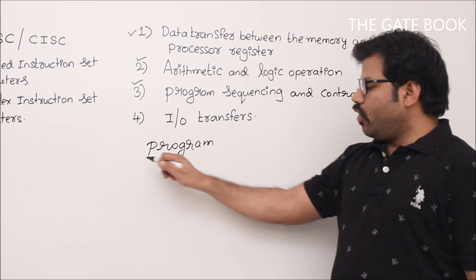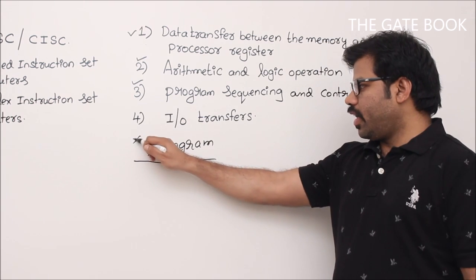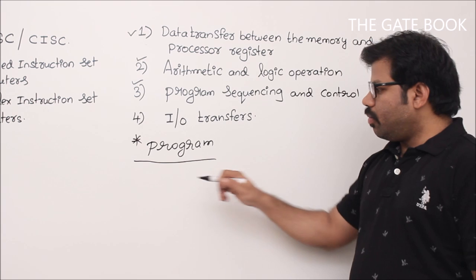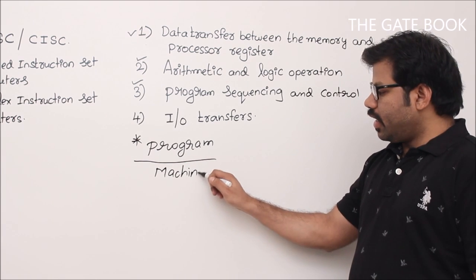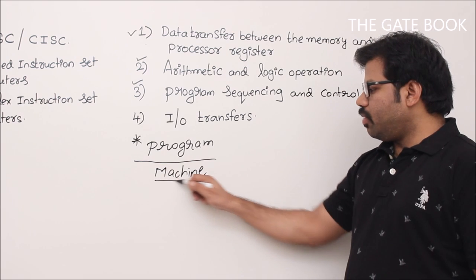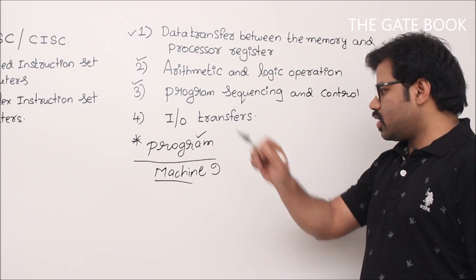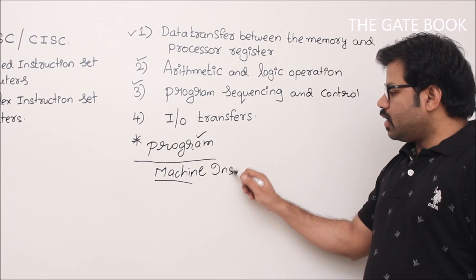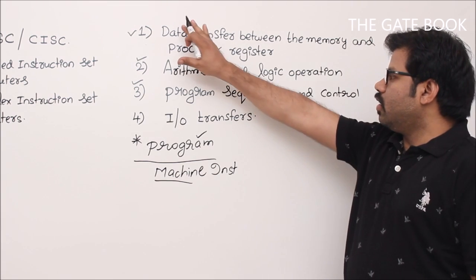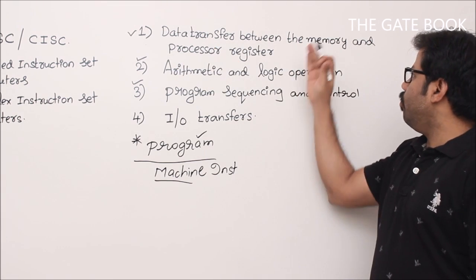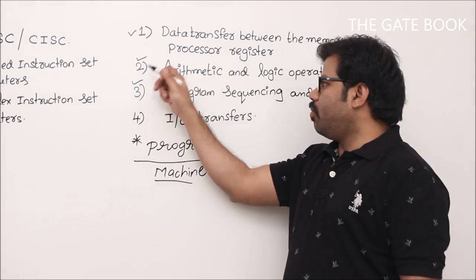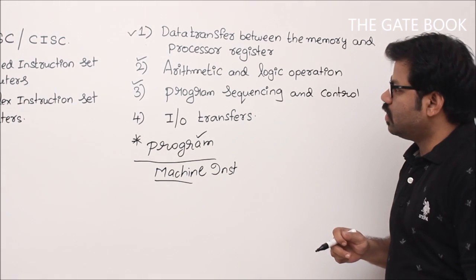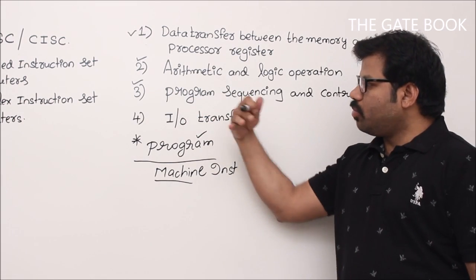First of all, you will be having a program. Don't forget about that. That program now contains machine instructions, because we are talking about low level details now. So we are going to write machine instructions to perform a task. Those machine instructions either should transfer the data from memory to registers, otherwise registers to memory, otherwise they should perform arithmetic and logic unit operations, otherwise the program should be sequenced.